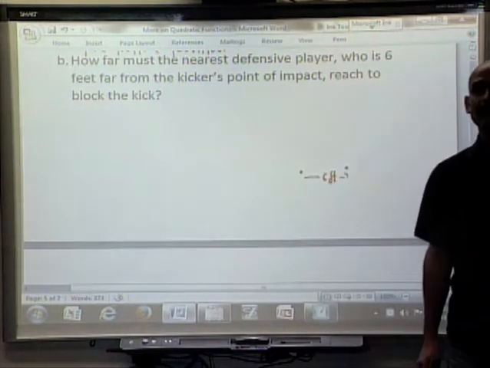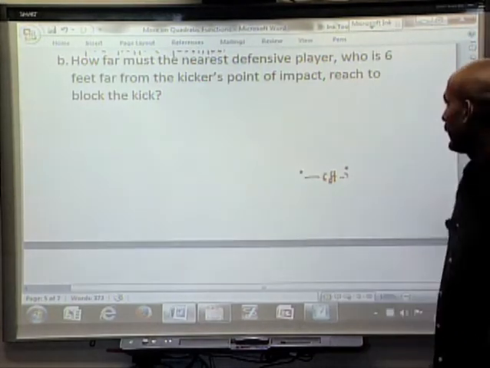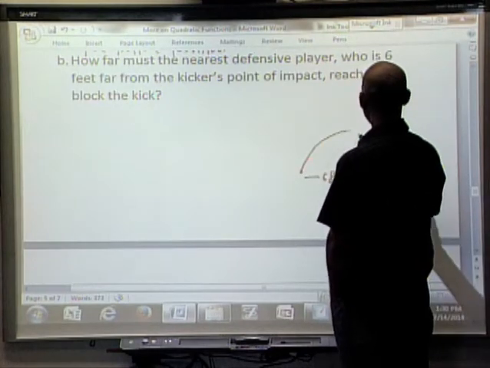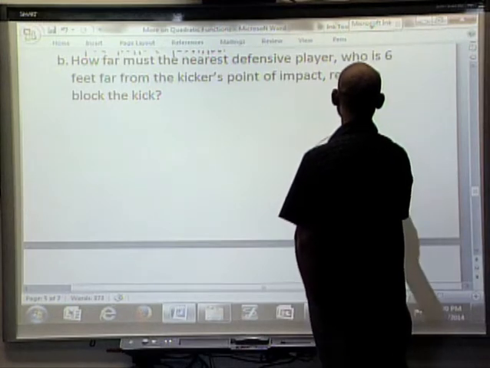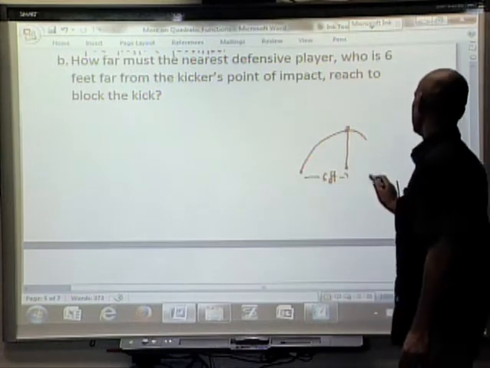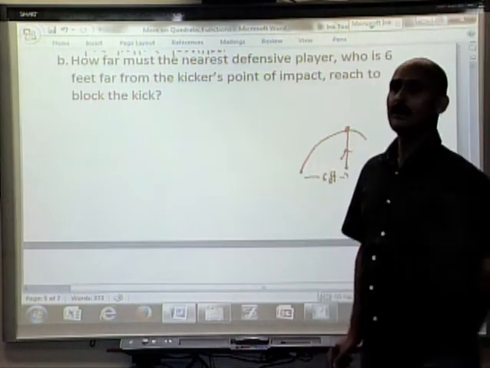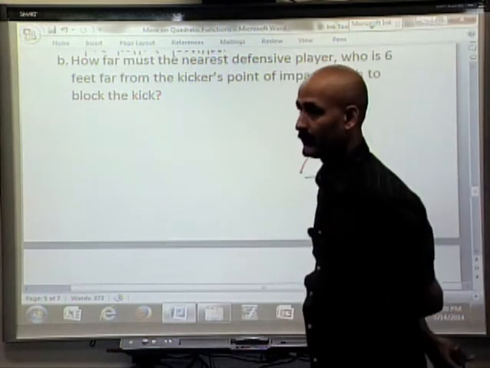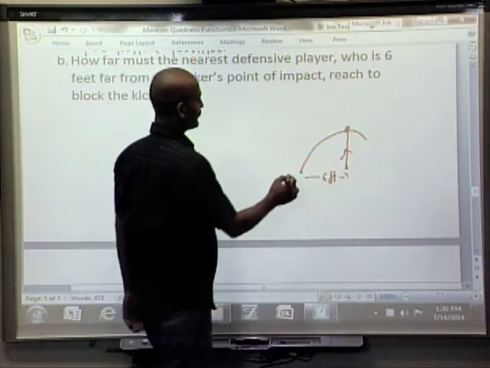The defensive player is 6 feet away from the point of contact and we already know the ball will be going this way. We want to know how far this person needs to reach after jumping to block the kick. If you look at the picture, things are clear.